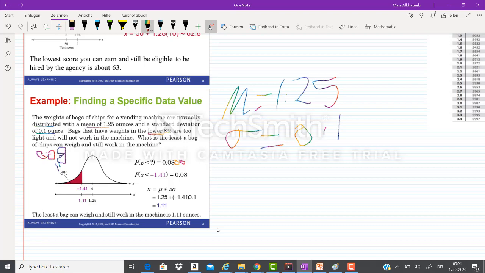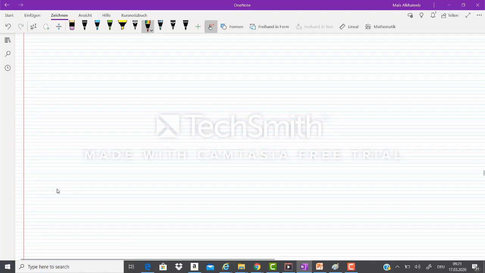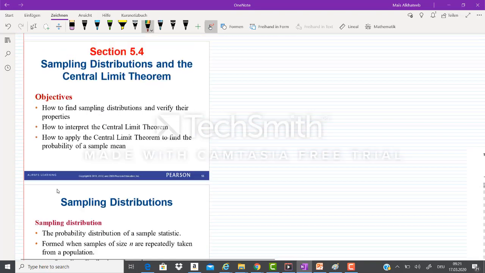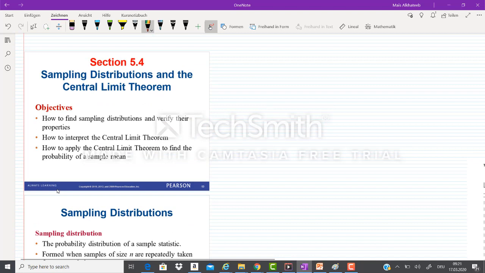Now I go to 5.4, which is about the central limit theorem. In 5.4 I will speak about sampling distribution and the central limit theorem: how we define a sampling distribution and verify its probability, how to interpret the central limit theorem, and how to apply it to find the probability of a sample mean.